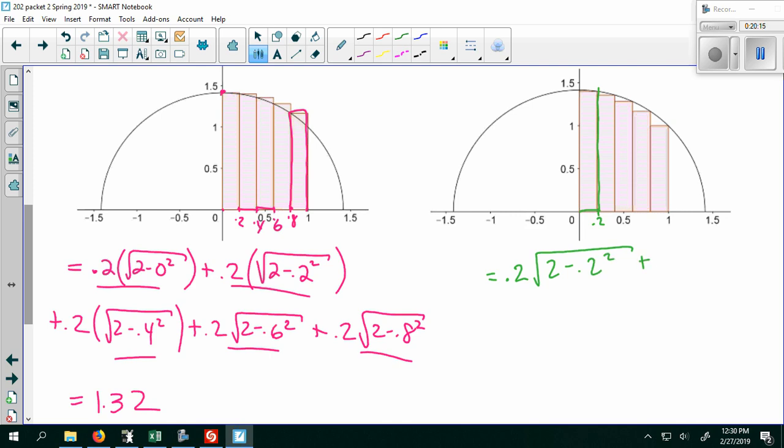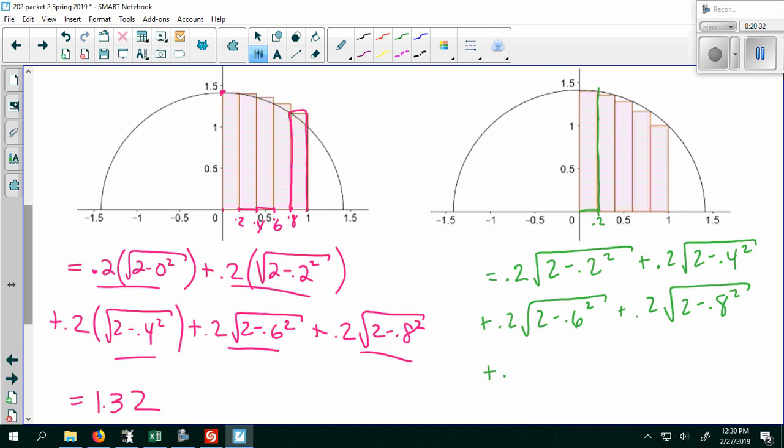My next rectangle, its base is 0.2, its height is radical 2 minus 0.4 squared, plus 0.2 times the square root of 2 minus 0.6 squared. And then my fifth rectangle has a base of 0.2, and the height is the function value at 1. So radical 2 minus 1 squared, and this comes out to 1.24.